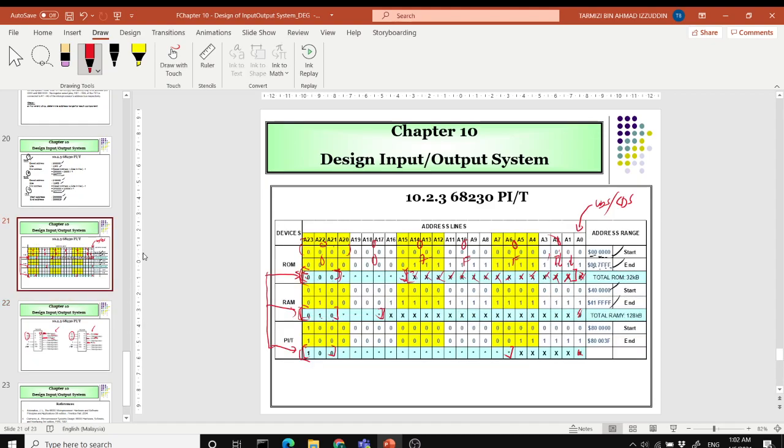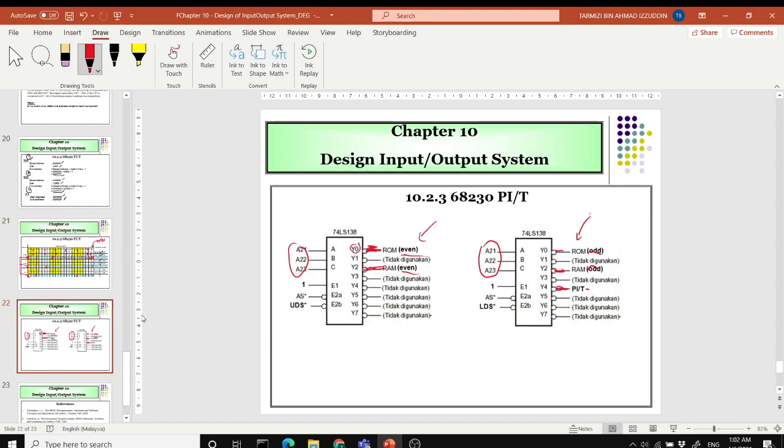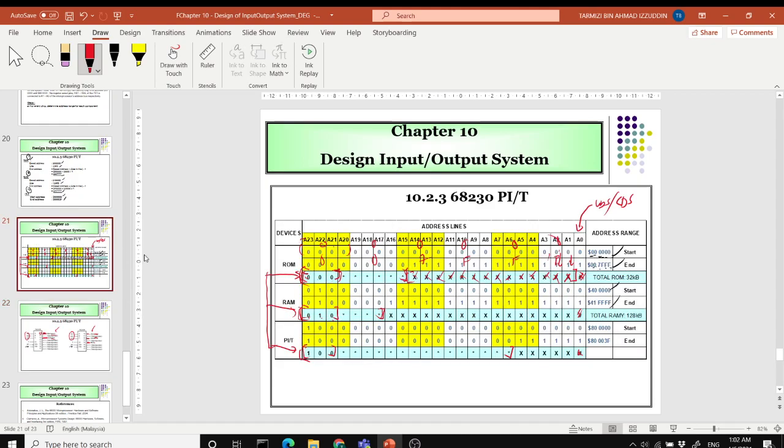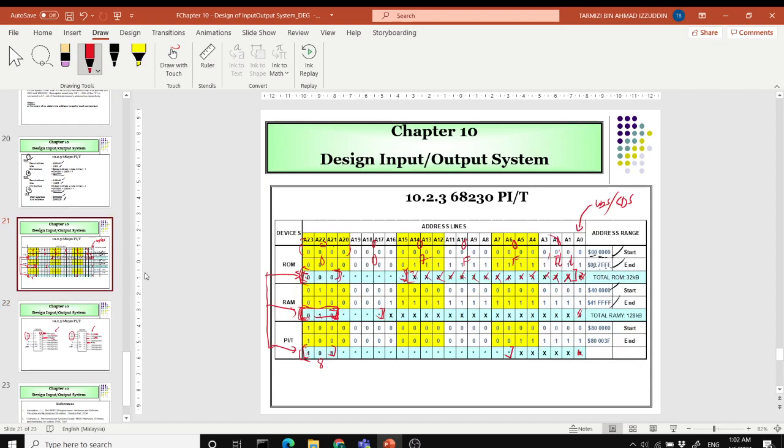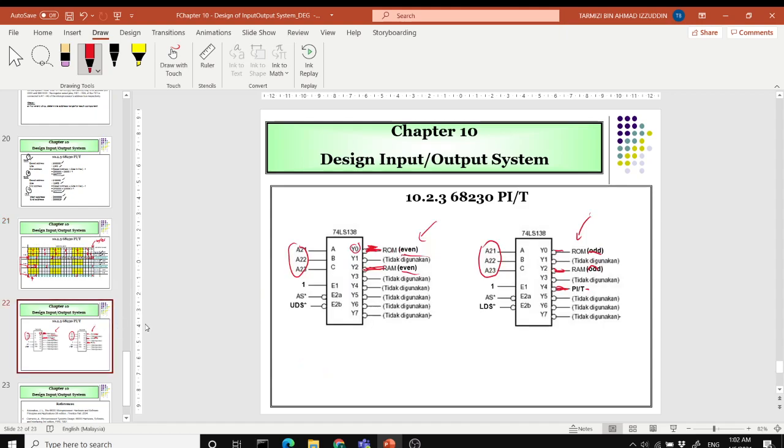If the input of A21, A22 and A23 is similar to the states of this binary over here, so if it's 001, 001 in decimal term is 4, my mistake, 001 is 1, and so on. It means that pin number 4 here is selected to be interfaced to your 68K.